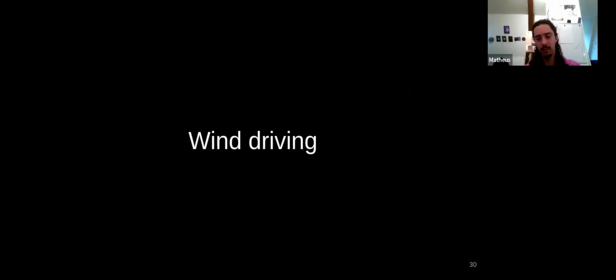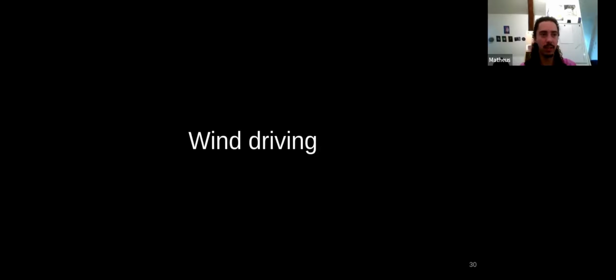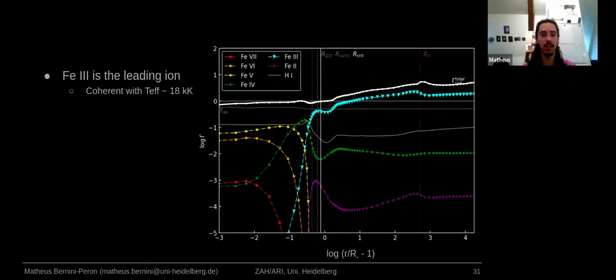Yeah, so having that confidence that our model is similar to what is observed in real life, we then have confidence to really go in depth to see what's going on in the wind of these objects. And the first thing I took a look at was exactly the wind driving, which is the main point of this work.